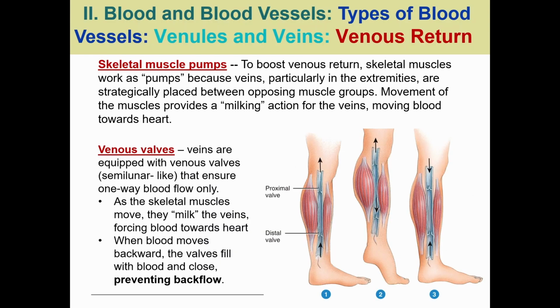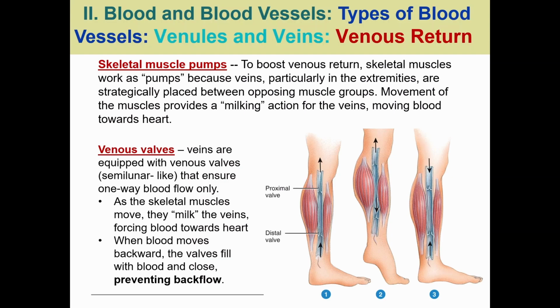Skeletal muscle works as a pump, because when the muscle is contracting, that puts pressure on veins. A lot of veins run between muscle groups, and so it's almost like squeezing something with your hand. Think of a cow's udder, squeezing on the teats to get milk out.